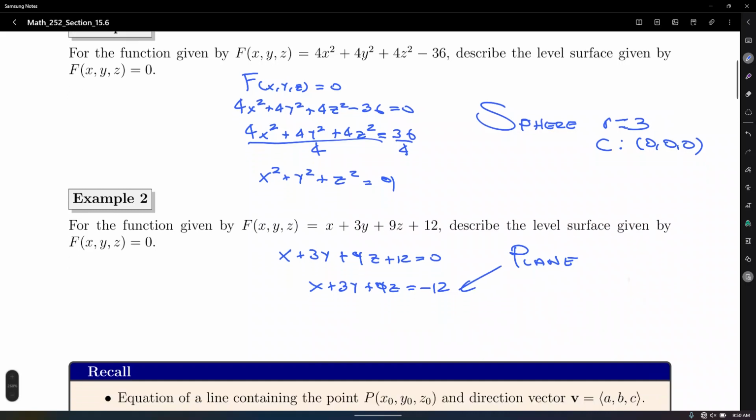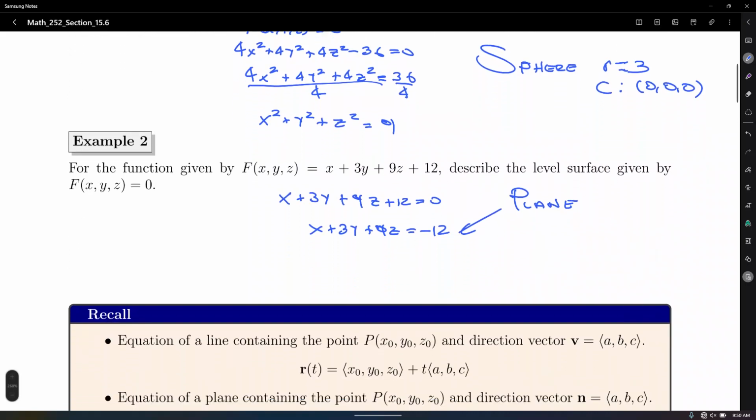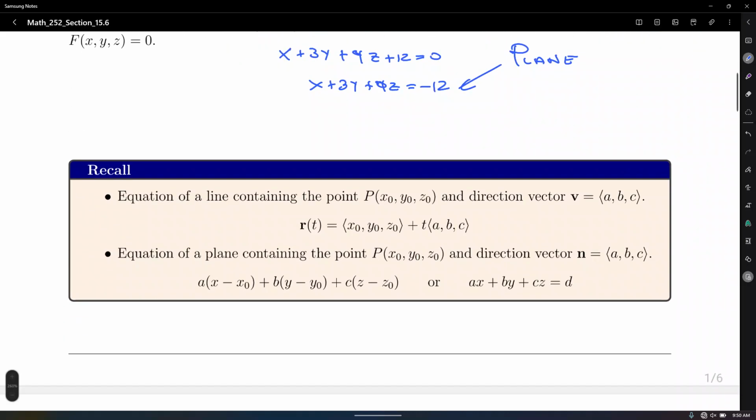What else do we need before getting into the equation of the plane? Number one, let's recall how we write an equation of a line containing a point and having a direction vector. Again, lines in space do not have rise over run. They are represented by a direction vector.